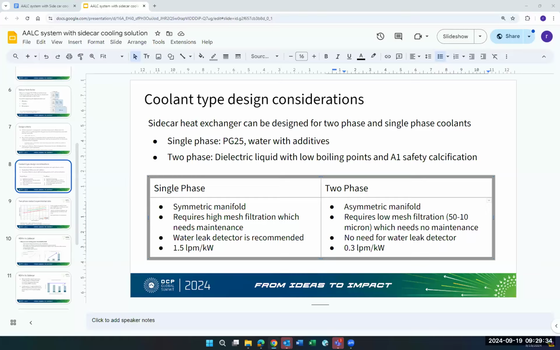Also, from the other side, you need a bigger accumulator to separate the liquid and the gas. I think we'll compensate for it. From the customer point of view, the fan power will be the same, but the pump power will be a little bit lower.